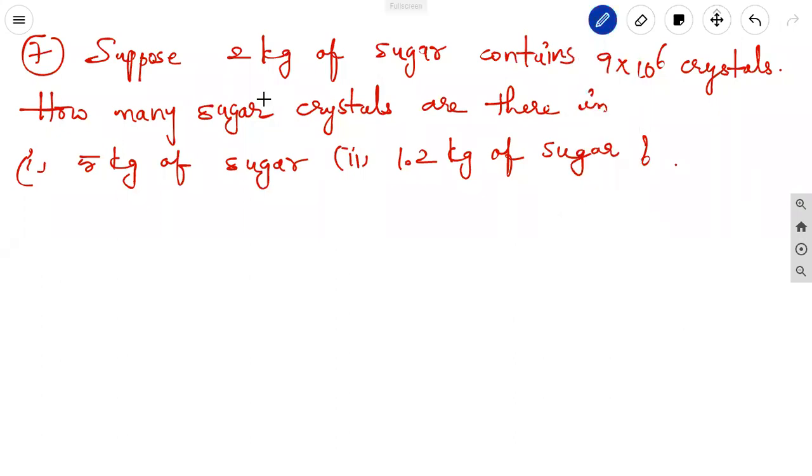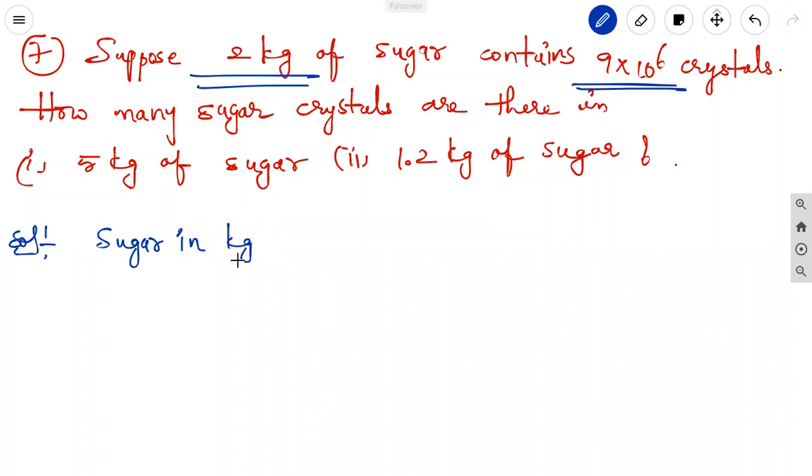Seventh question. Suppose 2 kgs of sugar contains 9 into 10 power 6 crystals. Here, sugar in kgs, number of crystals. Okay.